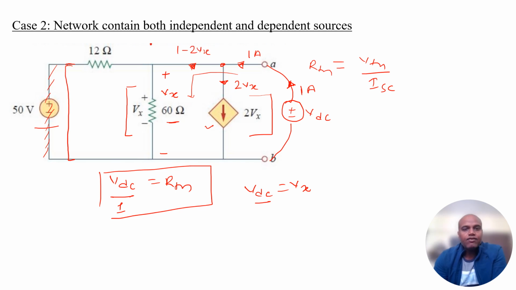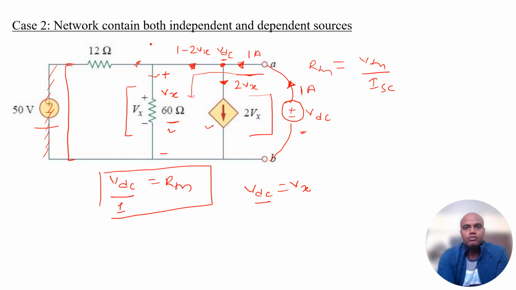Either I can use the current division rule further and find the voltage drop across the 60 ohm, which is Vx, or we can easily see that this node voltage is nothing but VDC, because here we have applied the VDC and we don't have any resistance in this branch. So here the incoming current is 1 ampere, the outgoing current is 2Vx, and this node voltage is VDC. From here also we can form the equation using KCL and find the value of Vx.